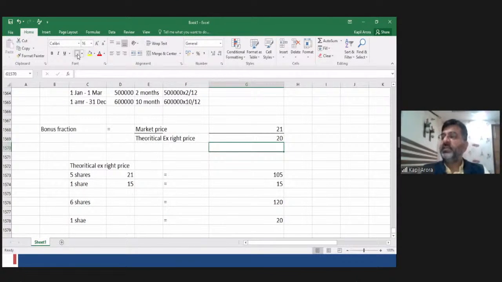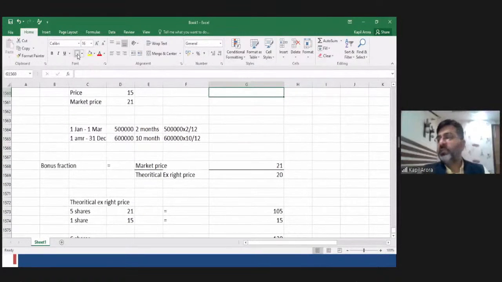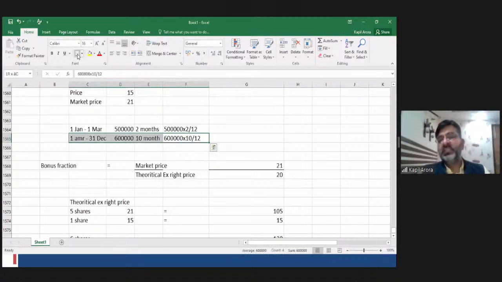So what is the bonus fraction here? The bonus fraction here turned out to be 21 by 20. And with which calculation are we going to multiply it? We are going to multiply this bonus fraction with the calculation before the bonus issue.